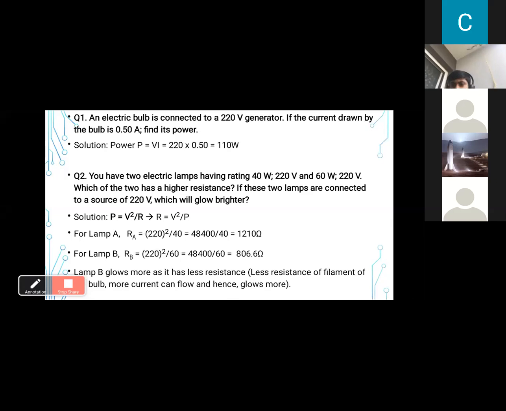So, like the first, it worked on resistance, right? If resistance is high, then the filament starts exhausting energy, and that energy is released as light and heat. With more resistance, more energy is released, that means more light energy.